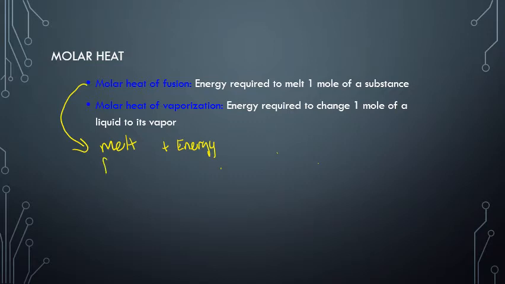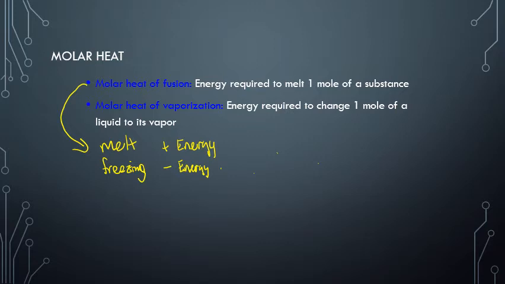And if we are freezing, because it's going from the liquid to the solid state, we have to get rid of energy, and so that's going to be a negative amount of energy. However, the amount of energy itself stays the same. So the energy required to melt or freeze 1 mole of a substance is called the molar heat of fusion.